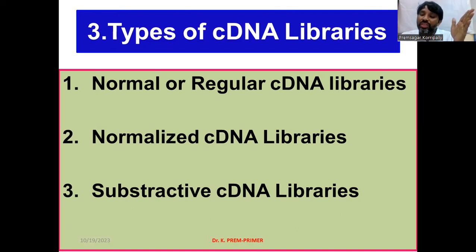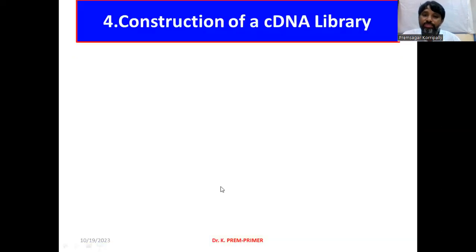Whatever is common between them can be separated, and whatever is uncommon between them can be separated, and that uncommon fraction is responsible for stress tolerance or adaptation. There you can get the subtractive cDNA library. So today we will focus on normal or regular cDNA library construction. Later on, we'll talk about normalized cDNA libraries and subtractive cDNA libraries.